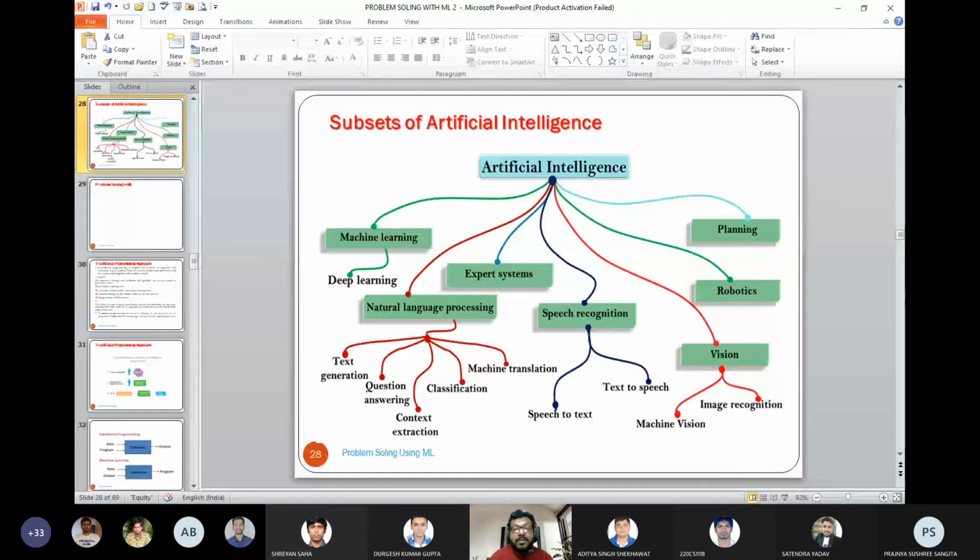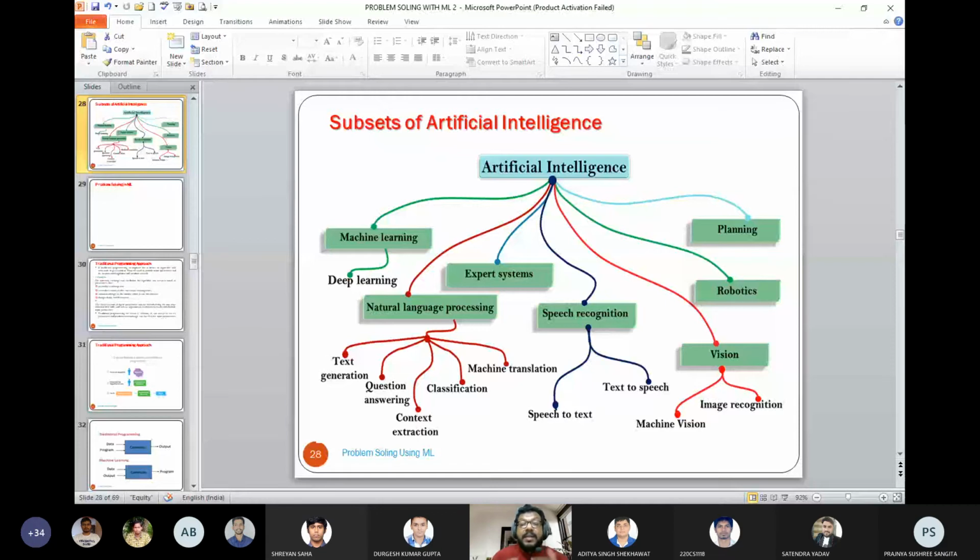I have one class on pattern, speech recognition and image. This is the framework, but I think at BTech level, AI is offered as one paper. So you can go for machine learning, you can go for NLP, and these two come under one category, as I say, artificial intelligence.